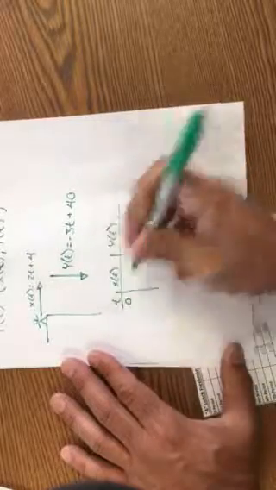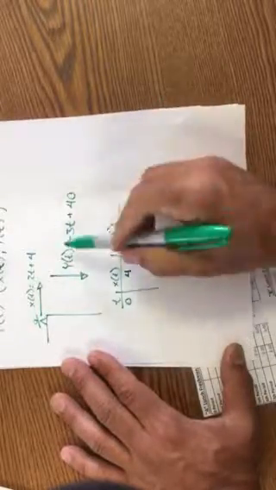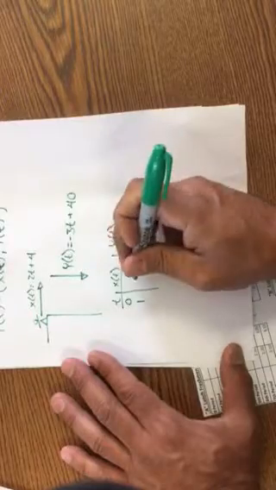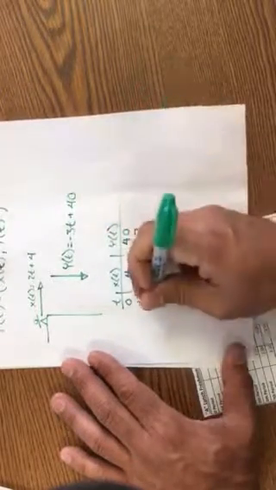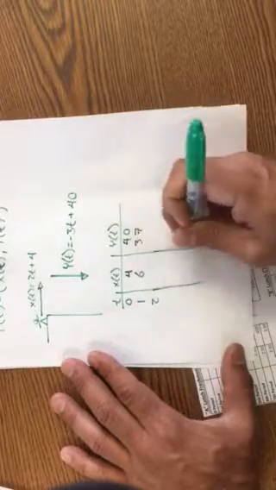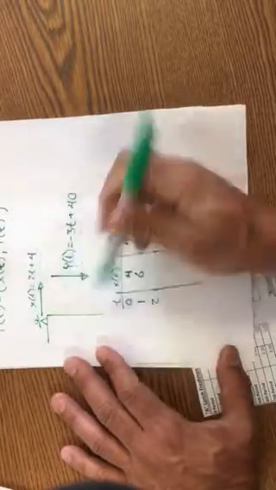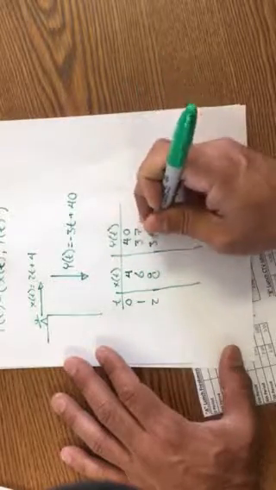We're going to start with 0 seconds. When I plug in 0 here, I'm at 4. When I plug in 0 here, I'm at 40. When I plug in 1 here, I'm going to be at 6. When I plug in 1 here, I'm going to be at 37. I'm going to do 5 or 6 of these. When I plug in 2, I'm going to be at 8. When I plug in 2, I'm going to be at 34.